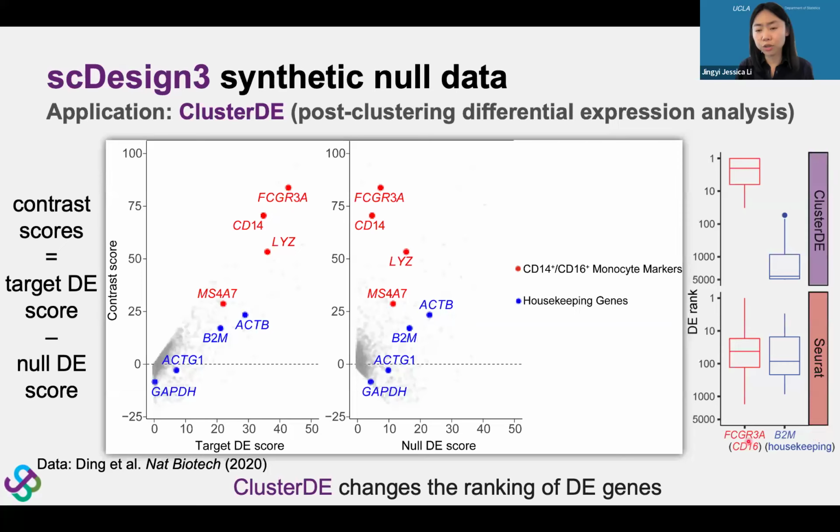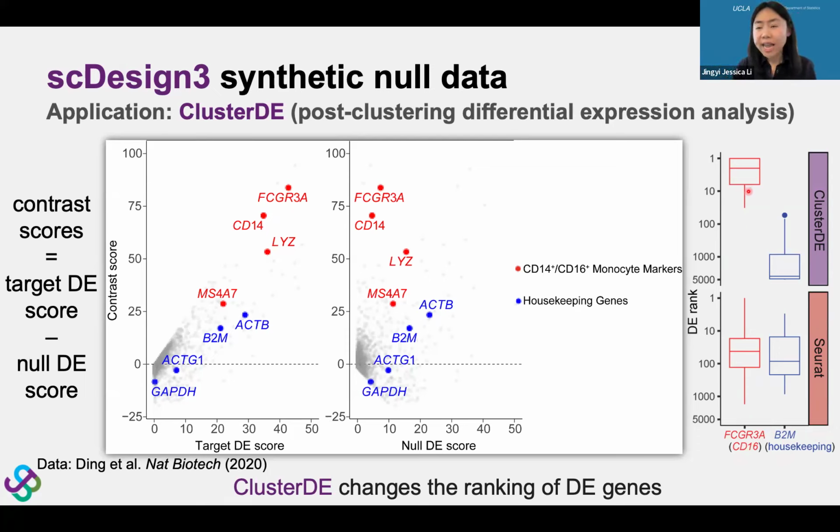And these are two genes, one a marker gene and one a housekeeping gene. What we do here is compare the genes' relative ranks in the result, like a ranked DE gene list, where the top one is the top discovery and the bottom one is the bottom discovery.